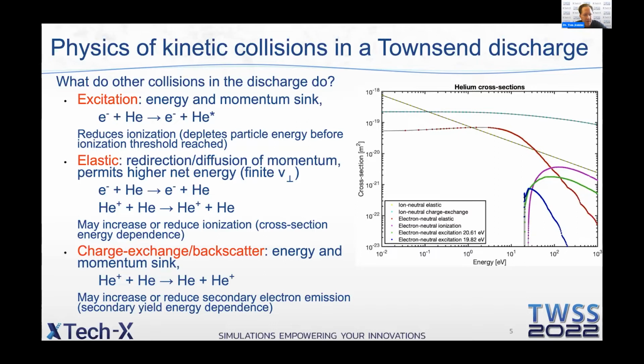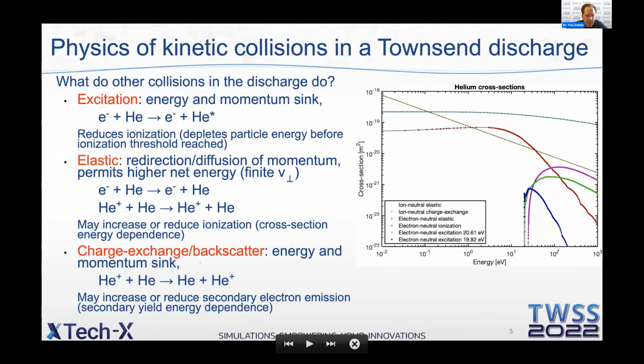And we expect that, depending on the cross-section energy dependence, may increase or reduce the ionization, depending where we are on these curves over here. These are cross-section curves for various reactions we might see in helium: elastic, excitation, ionization collisions and such.